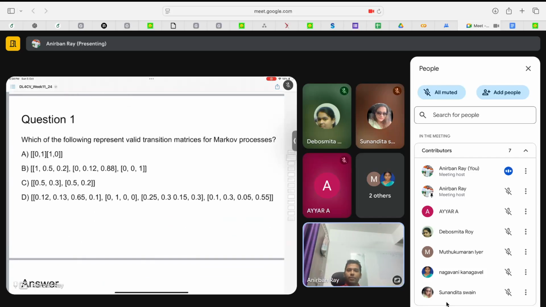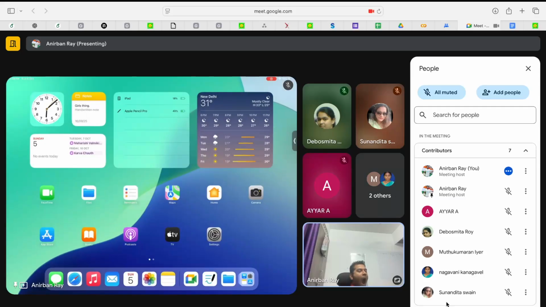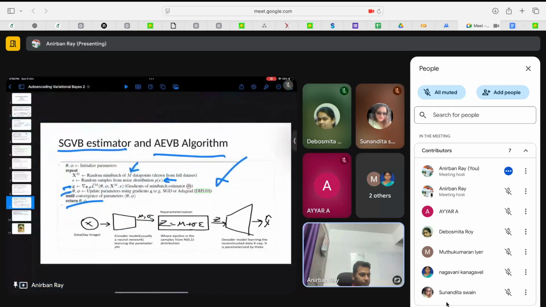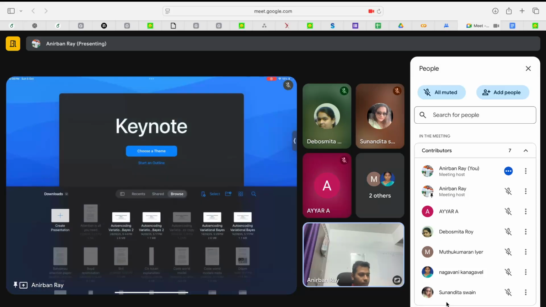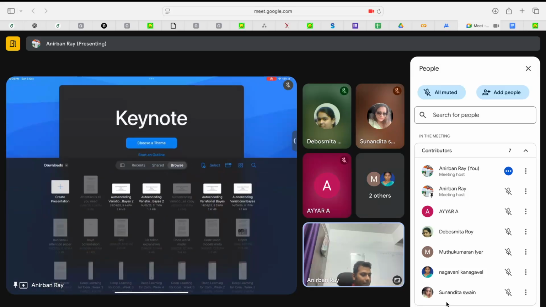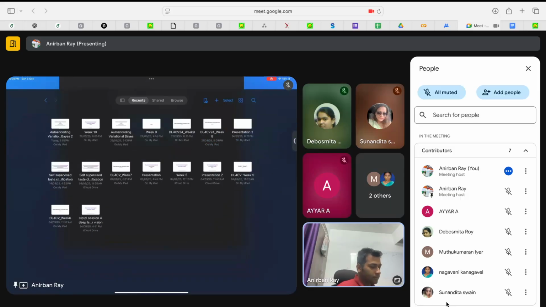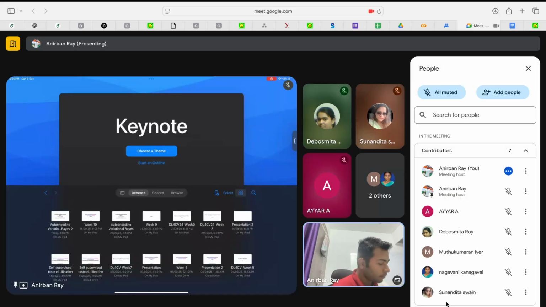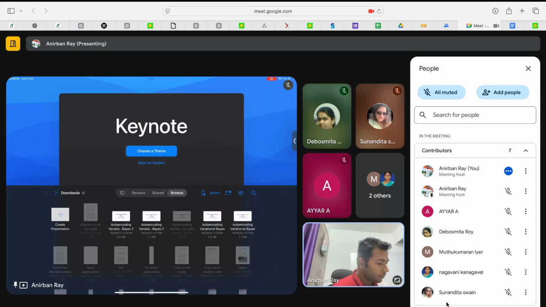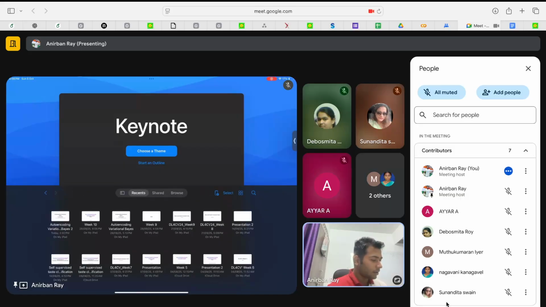So for valid transition matrix, what do we do? Oh my god. Okay. So where is it?